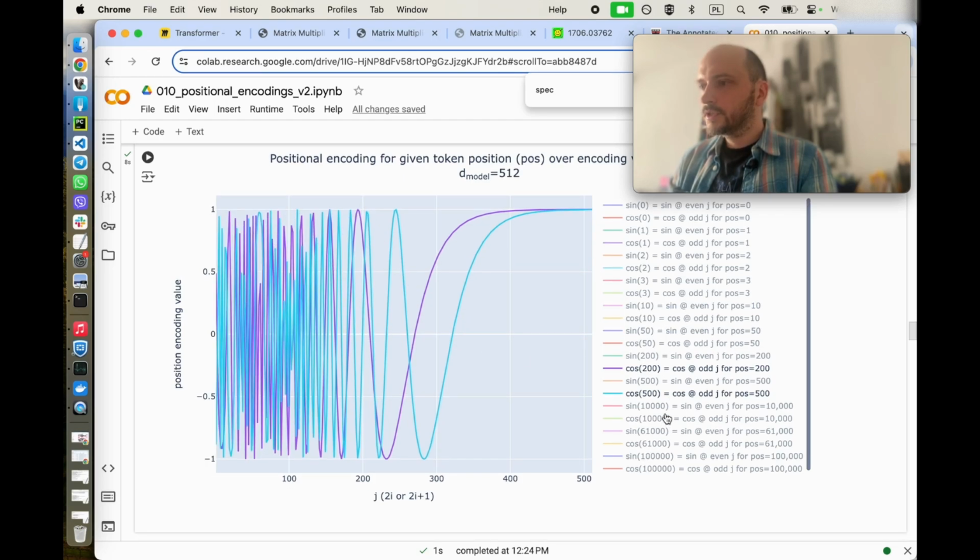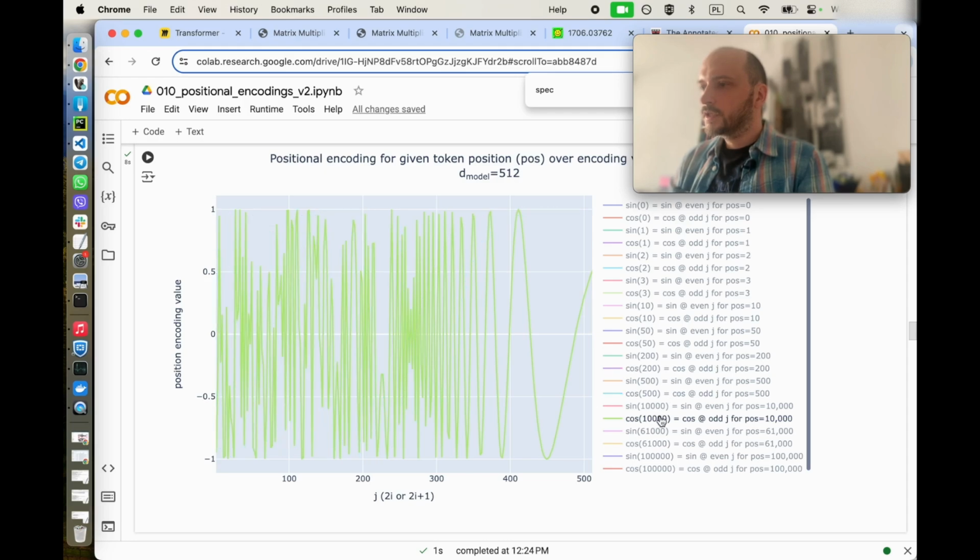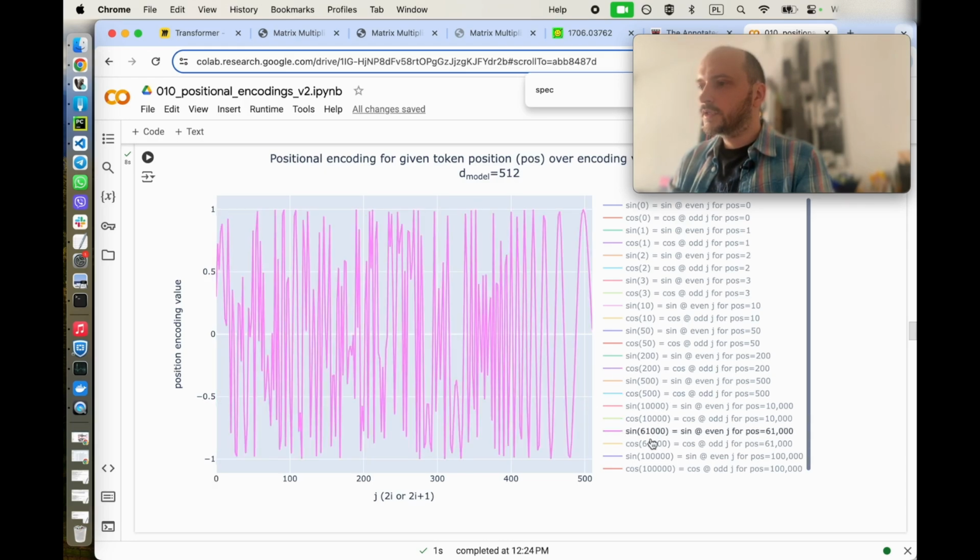And at position, let's say, 10,000, we see quite a high frequency during almost the entire encoding scale, though still not that high frequency at the end. And for position 661,000, we will see high frequency everywhere. And the thing that I was surprised about is that encodings won't start to repeat after this position 61,000.